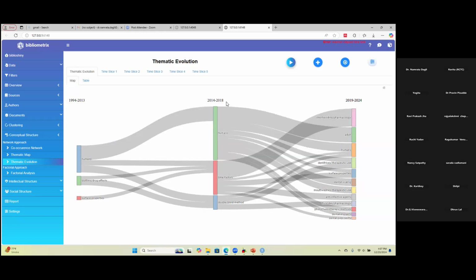In 2014-18, these terms were most commonly used. Which terms are declining, which terms are increasing, all that detail we will find here.